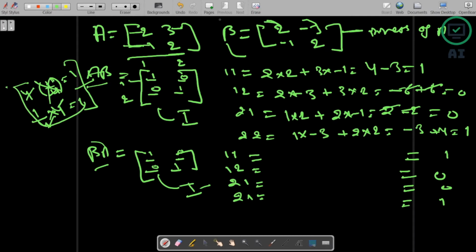So let's go and find out how to find the inverse of a matrix. I will be explaining how to calculate the inverse of a matrix.